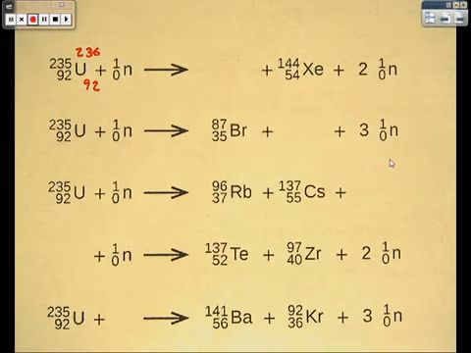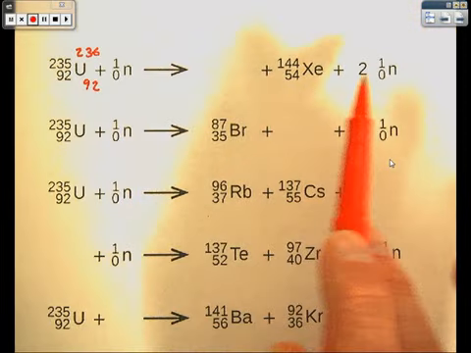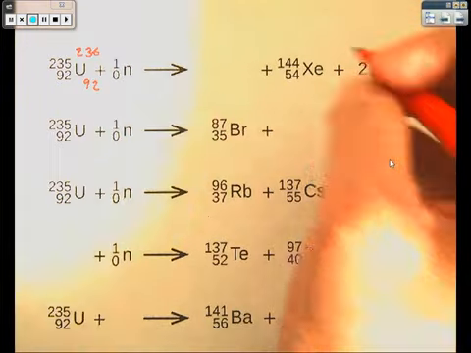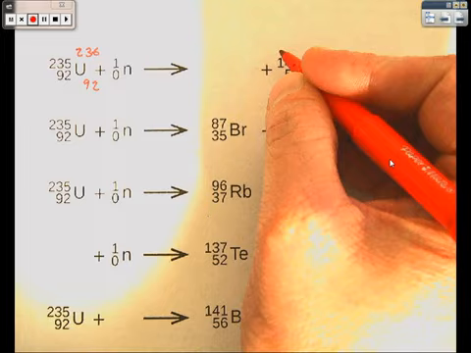We know, based on this, that the sum of the mass over here on the product side has to also be 236. So what we're going to do is just some simple subtraction to find what the missing mass is.